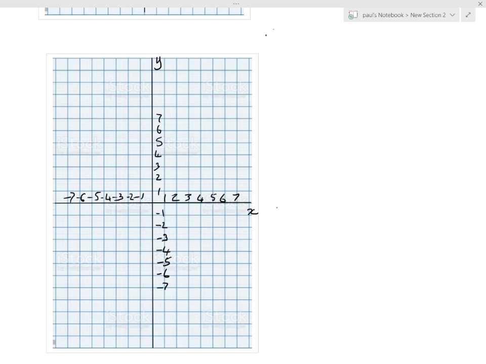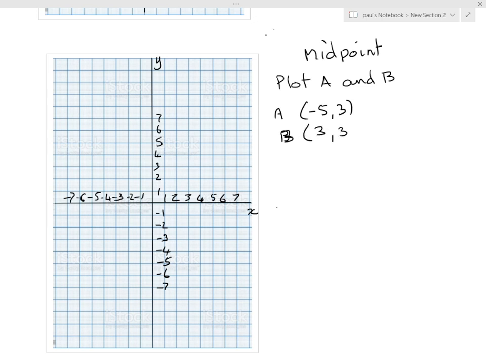Right, okay. So next part we're going to look at is how to work out midpoints, the midpoints of two lines. So we're going to plot A and B. So that's the points A and B, and we're going to say A is minus 5, 3, and B is a bit messy, need a little while to catch up there.